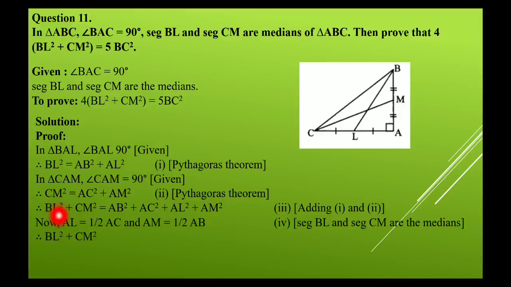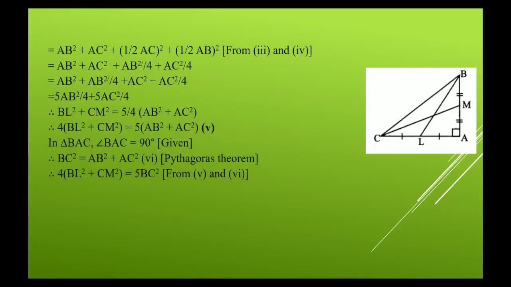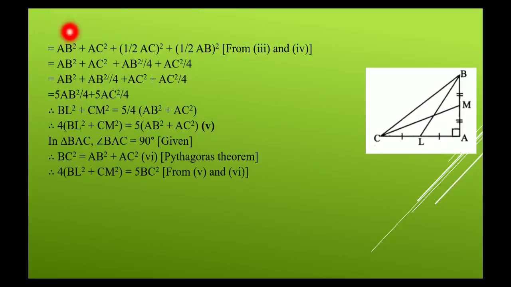So therefore BL square plus CM square is equal to AB square plus AC square plus, in place of LA square I will write half AC square, and in place of AM I will write half AB square.